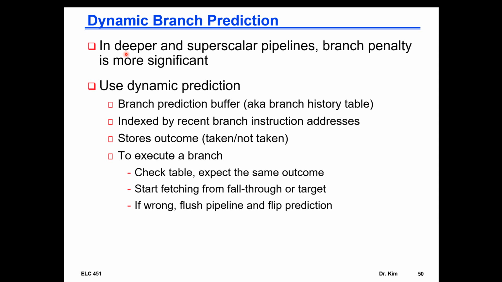The elements of that are going to be things like a branch prediction buffer, where we store this history of branch behavior. And also we can store the branch target, so we can use branch target buffers. And we'll see how we do that next time. Next time we're going to start discussing that.